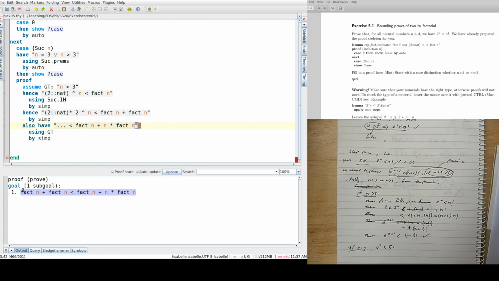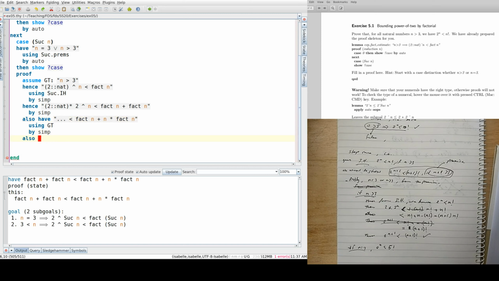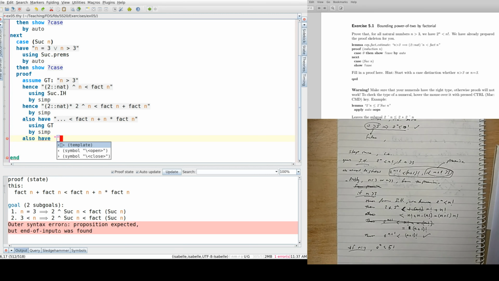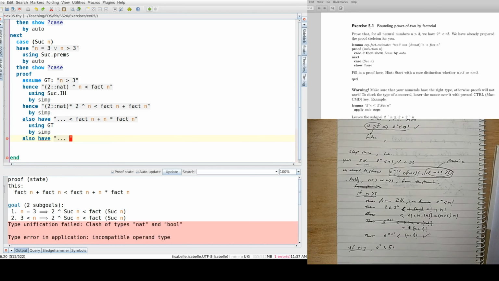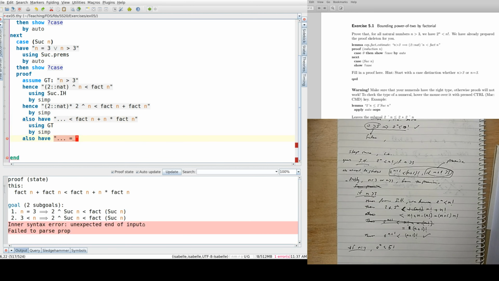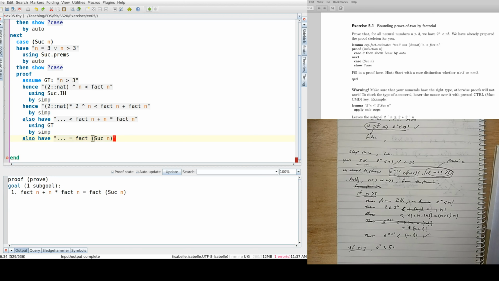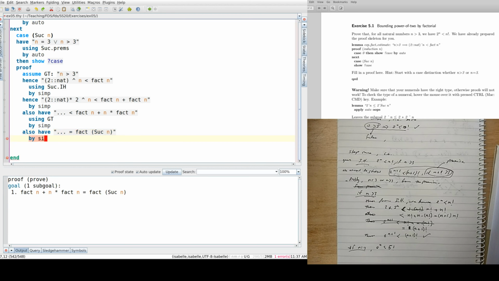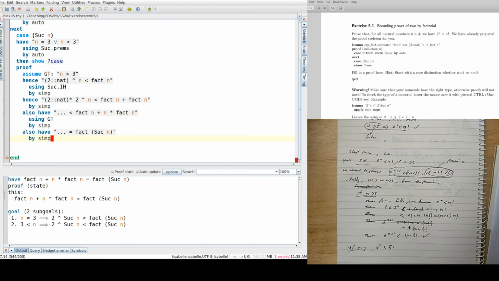Okay, so this is the dot dot dot. Then you can say again also have dot dot dot. This time the dot dot dot will be the last one. Okay, so we can here say also have that this is the same as fact of suc n.